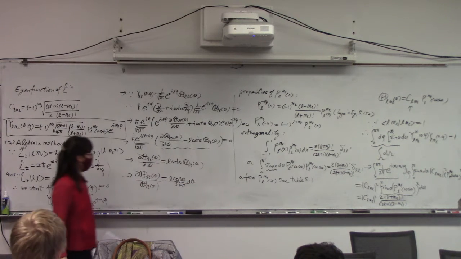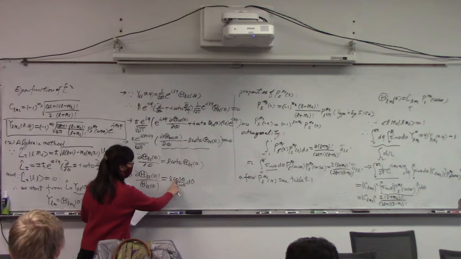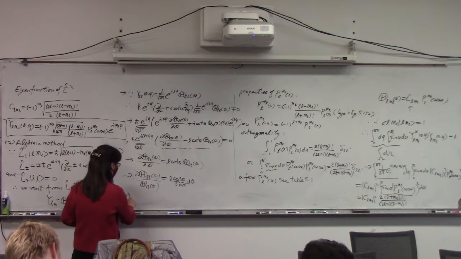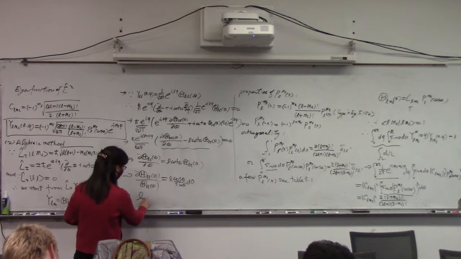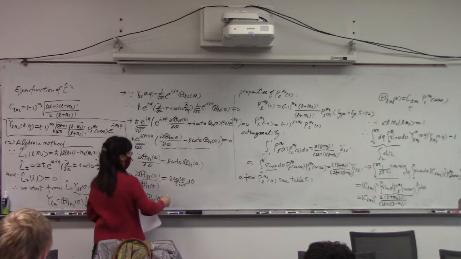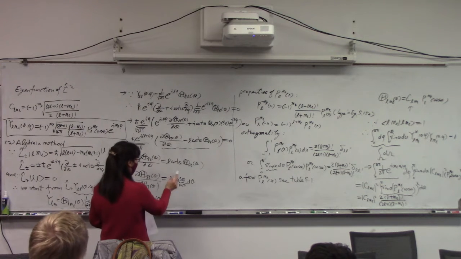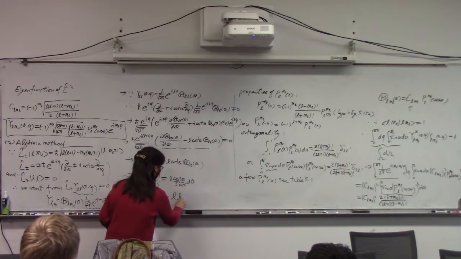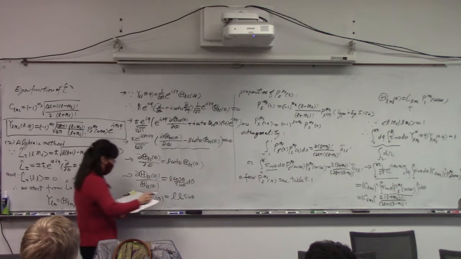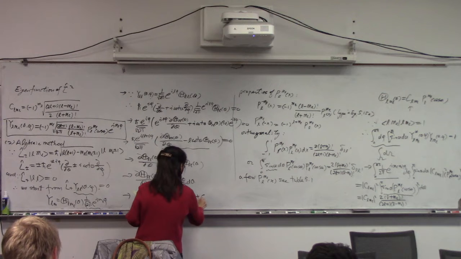Then you can see here, cosine theta d theta is d sine theta. So the left-hand side is a log, the right-hand side is L log sine theta, plus some constant.